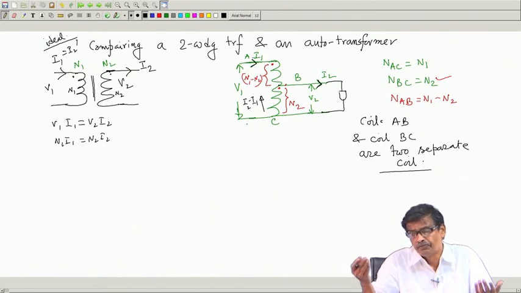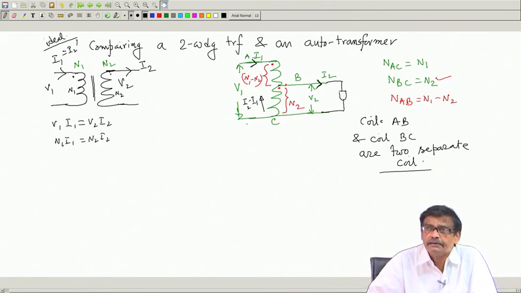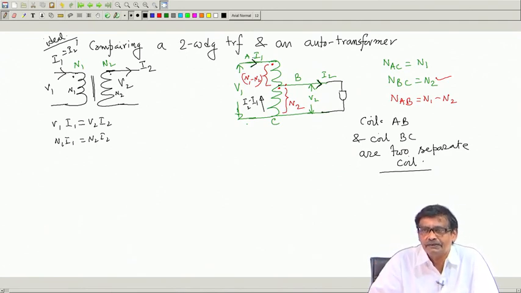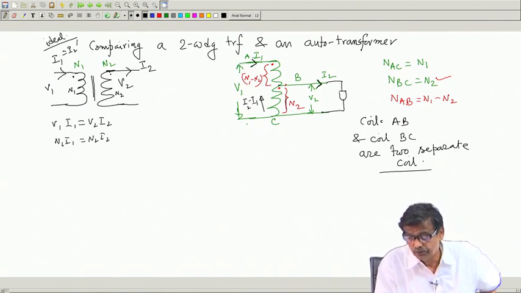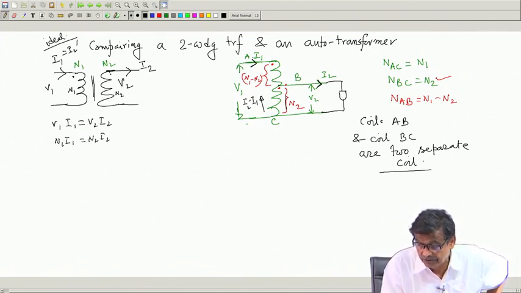Therefore, for any reason, if these two parts of the windings carry current, their MMFs must cancel out, so that the net MMF remains only because of N1 into the small magnetizing current, which is negligibly small. Therefore, I will say that look here, this is I2 minus I1 coming out from the dot, this is the direction, very important.